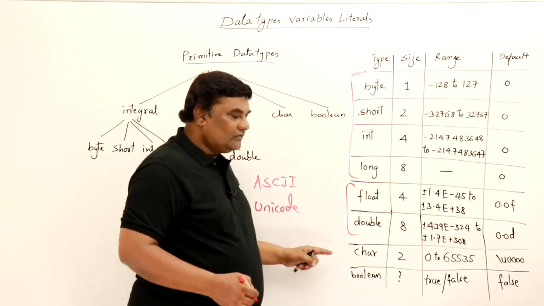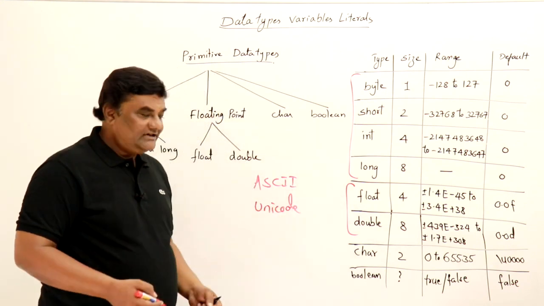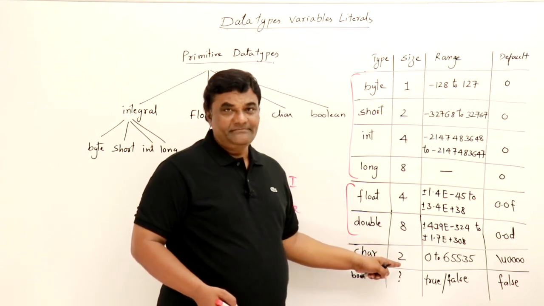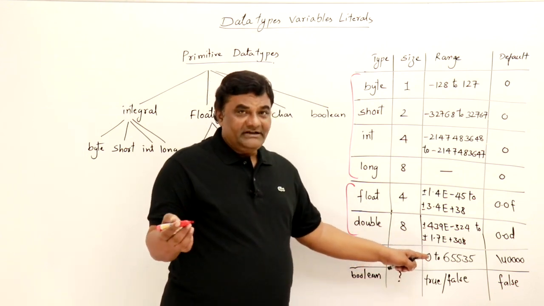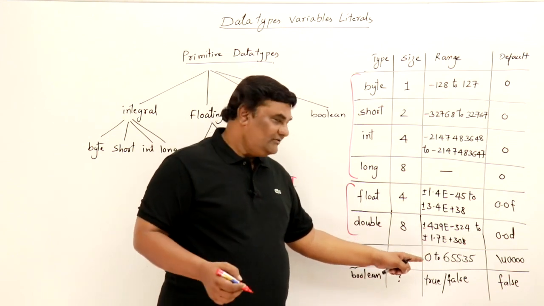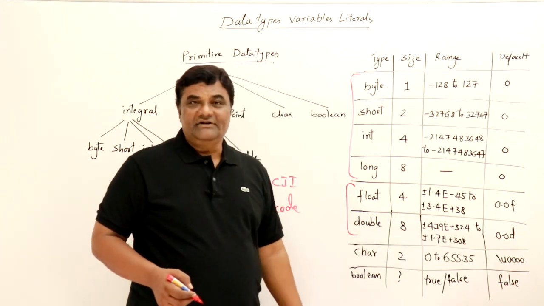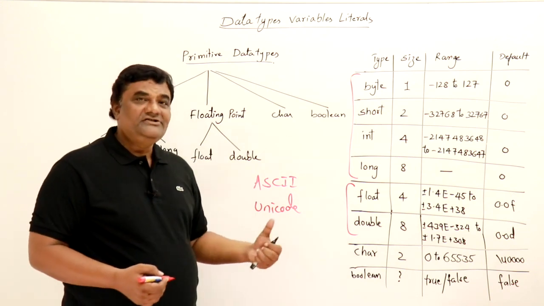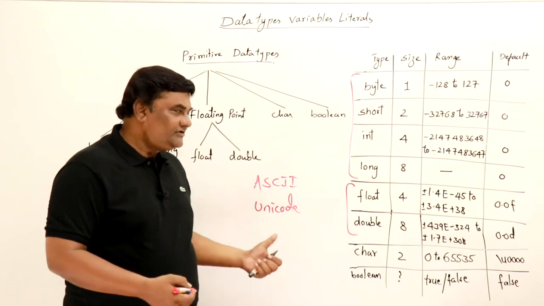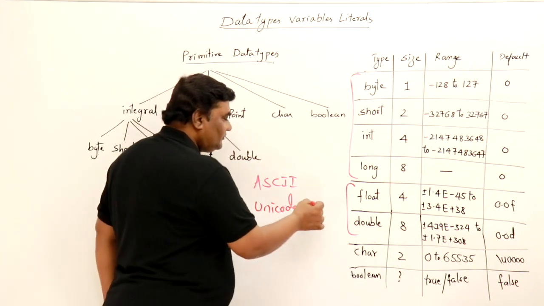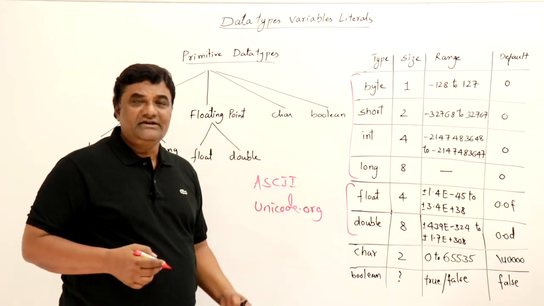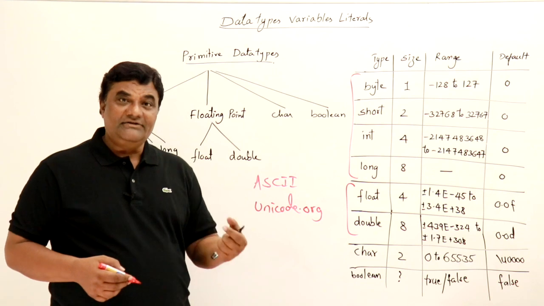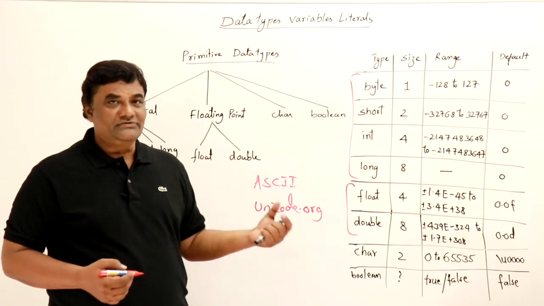Java supports Unicode, and ASCII code becomes a subset of Unicode. Character cannot be negative, so it supports only positive values ranging from 0 to 65535. If you know the Unicode of any alphabet, you can mention the Unicode. For knowing Unicodes, you can visit a website called unicode.org, or search in Google, and you can find Unicodes for various natural languages and their alphabets. So you can pick up any alphabet and use it.